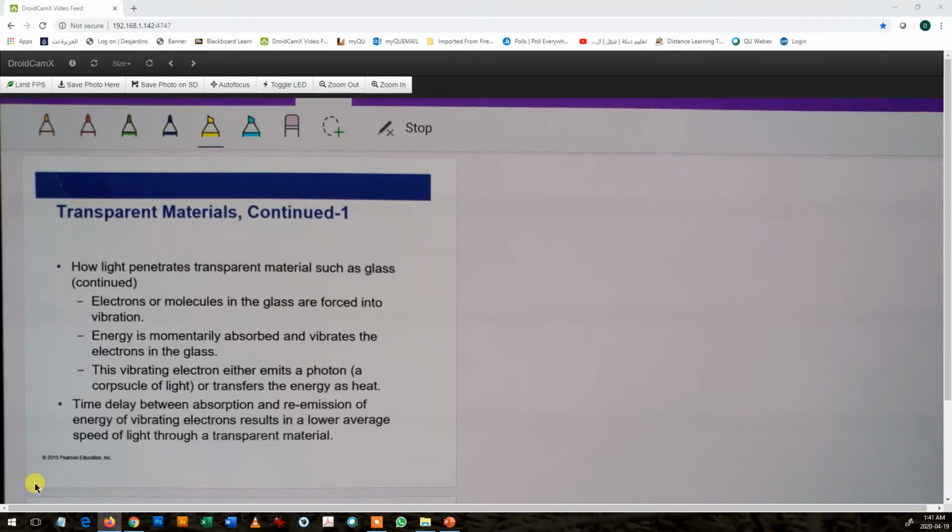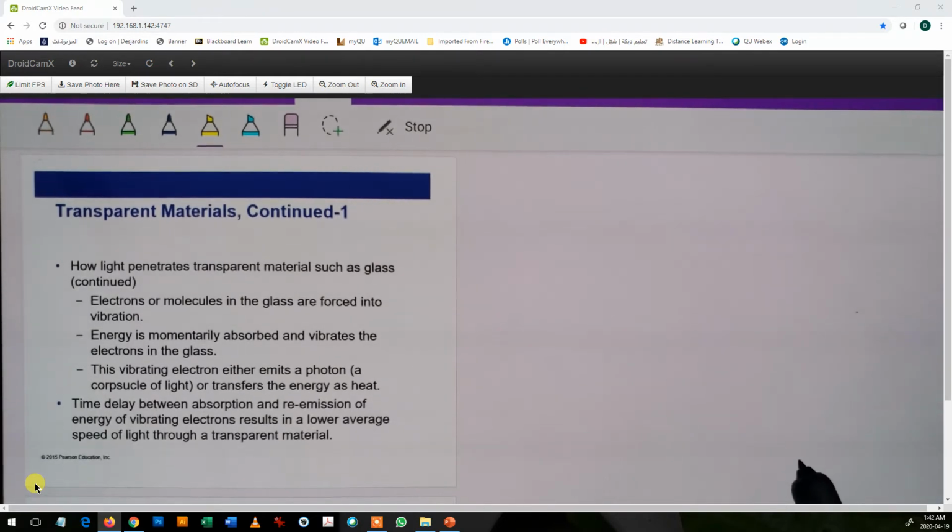The time delay between absorption and re-emission of energy by the vibrating electron results in a lower average speed of light through the transparent material. And indeed, light will go the fastest in vacuum.